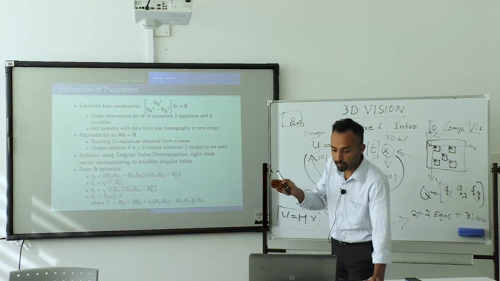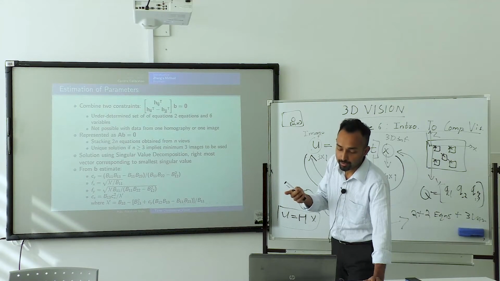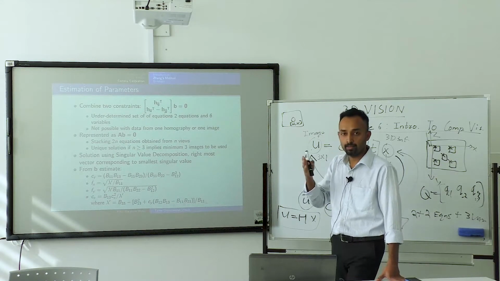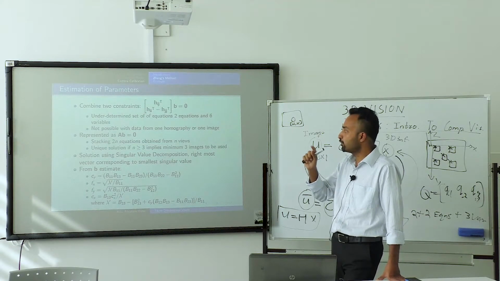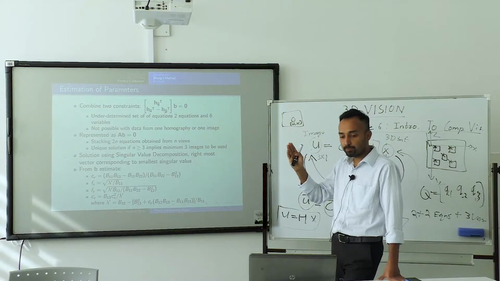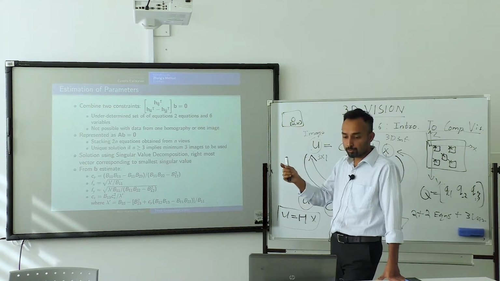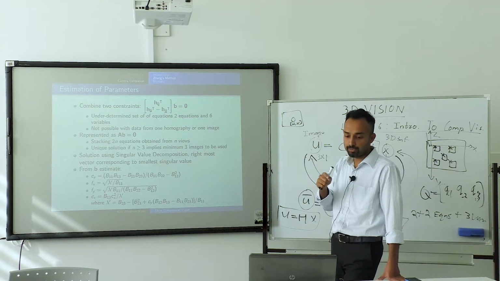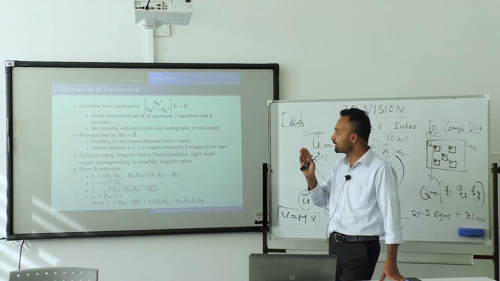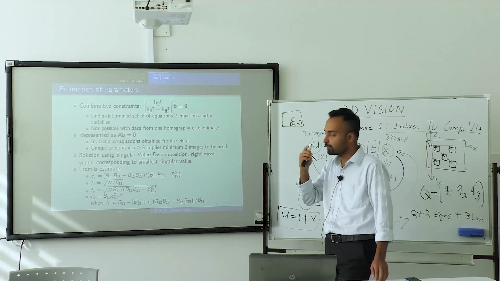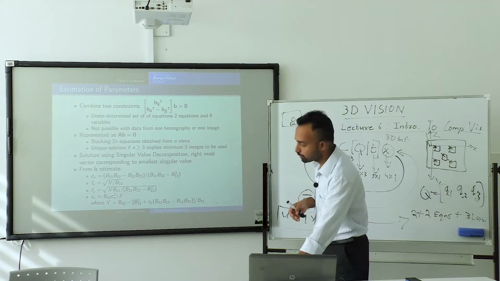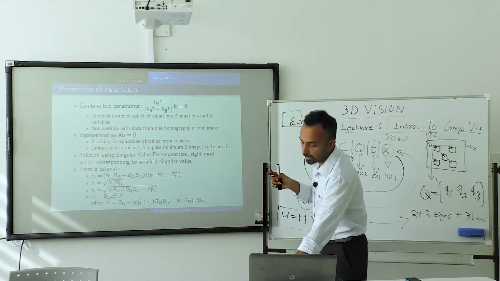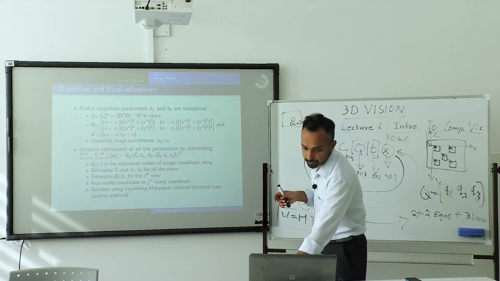You decompose the matrix A into U D V transpose. The rightmost singular vector of V, corresponding to the lowest singular value, is the solution for B, but it is defined only in terms of a scaling factor. So that scaling factor lambda also needs to be estimated so that you can have a solution for all the terms.